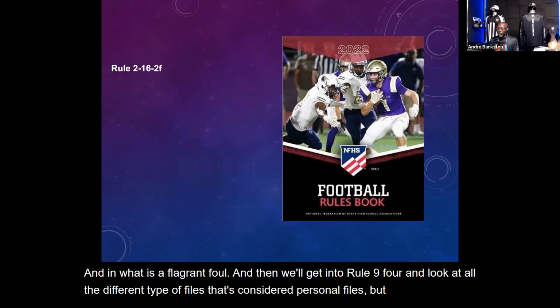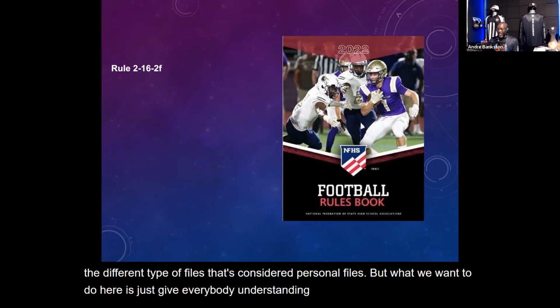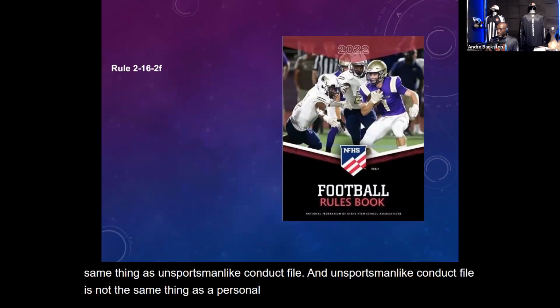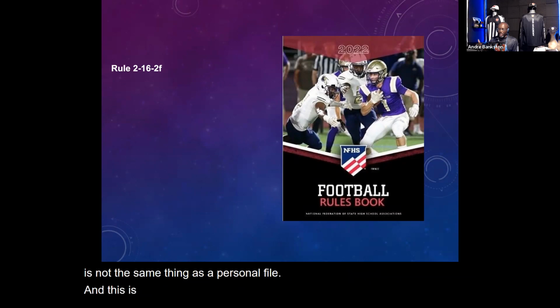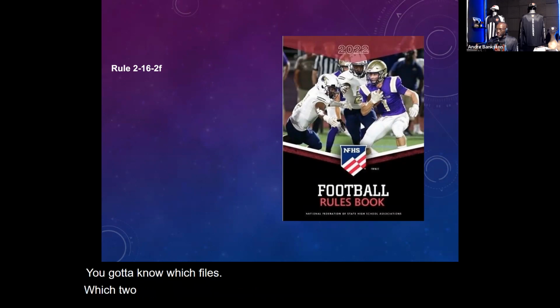But what we want to do here is give everybody an understanding that a personal foul is not the same thing as an unsportsmanlike conduct foul, and an unsportsmanlike conduct foul is not the same thing as a personal foul. This is very important when we talk about disqualifications. You have to know which two fouls cause a disqualification and which two fouls do not.